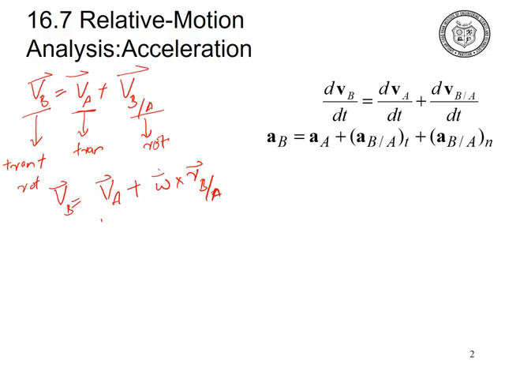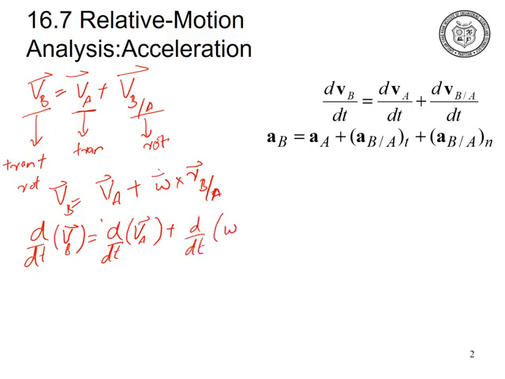So how can we determine the acceleration? We have to take the time derivative of this equation. By taking the time derivative, d by dt of VB equal to d by dt of VA plus d by dt of omega cross R B with respect to A. The particle B velocity is measured with respect to the fixed inertial frame of reference, so its time derivative is our absolute acceleration AB.